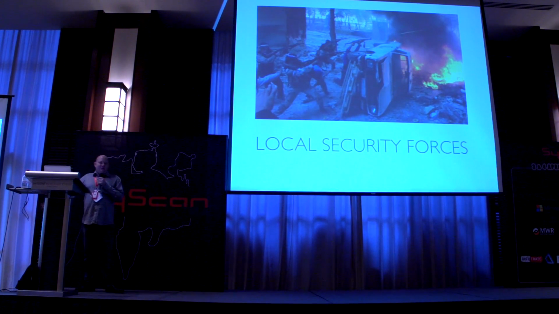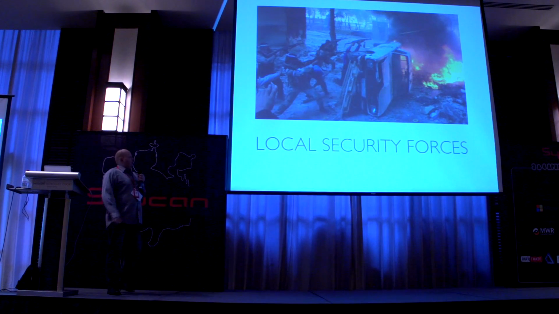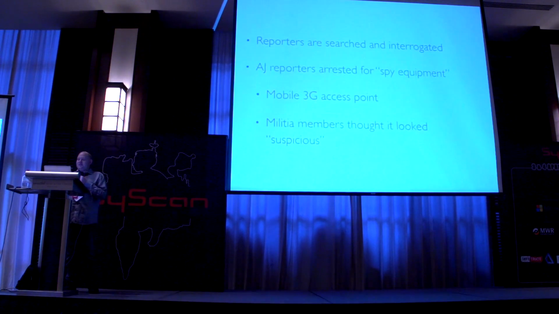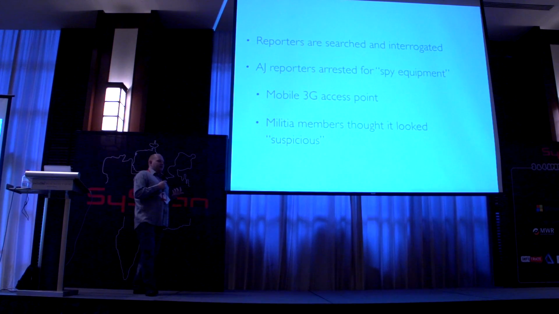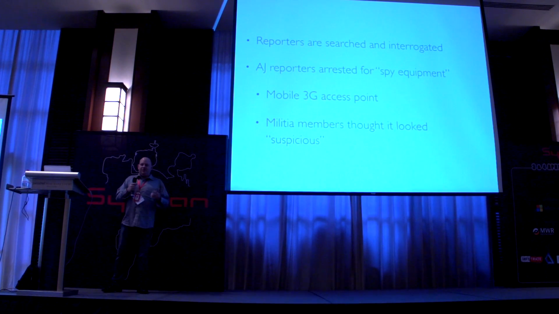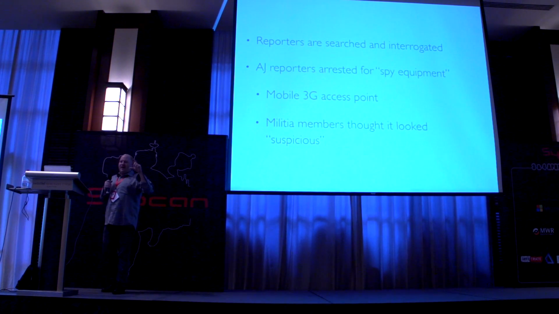This was specifically because I was asked to do this project for Al Jazeera, and they have had problems with putting reporters in Syria. And that's where you get to deal with gentlemen like this. So one of the issues that they had was that their reporters got arrested by militiamen who had searched them and had found a Huawei 3G access device, like one of those little things that you turn on and it creates an access point.